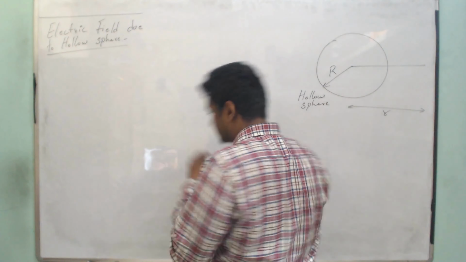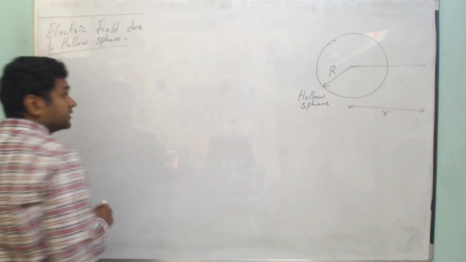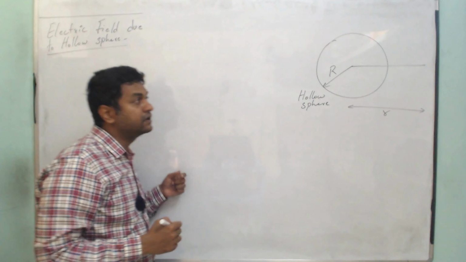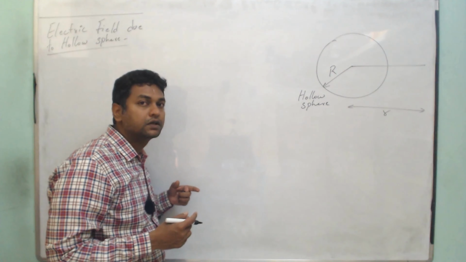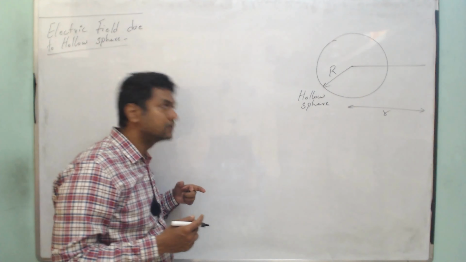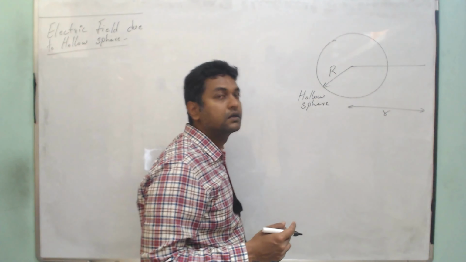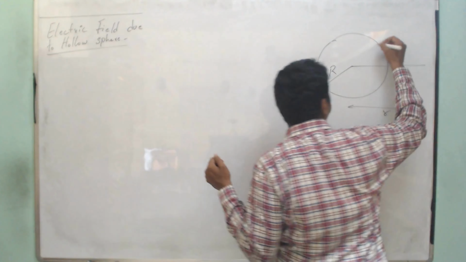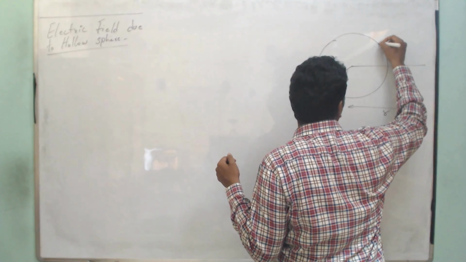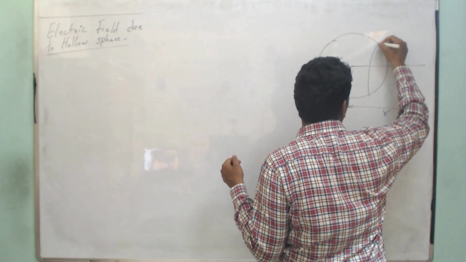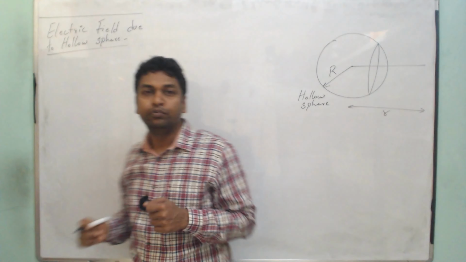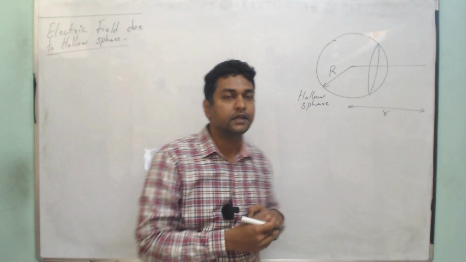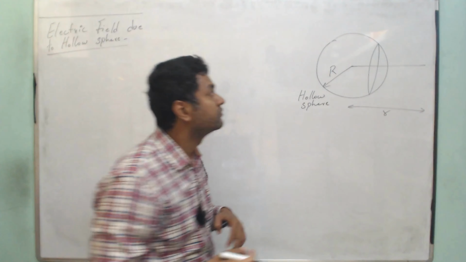As we know already, the element that we are going to take for a hollow sphere is d theta, which geometrically looks like a ring, with varying radii.